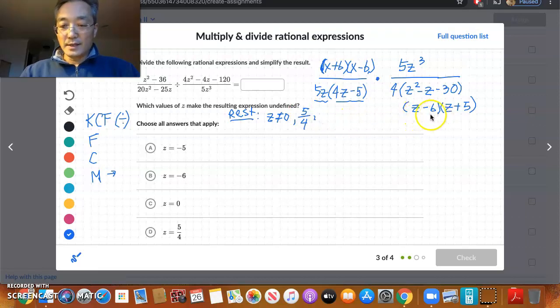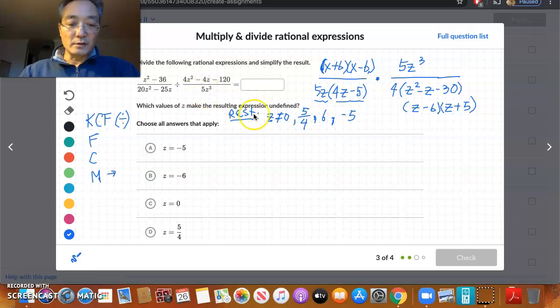Here, z can't be 6, and z can't be negative 5. Now, before we flip this, 5z cubed was in the denominator. Again, the only value of z that'll make this 0 is 0. We've already got that one, so we don't have to worry about it. So these are going to be our 4 restrictions.